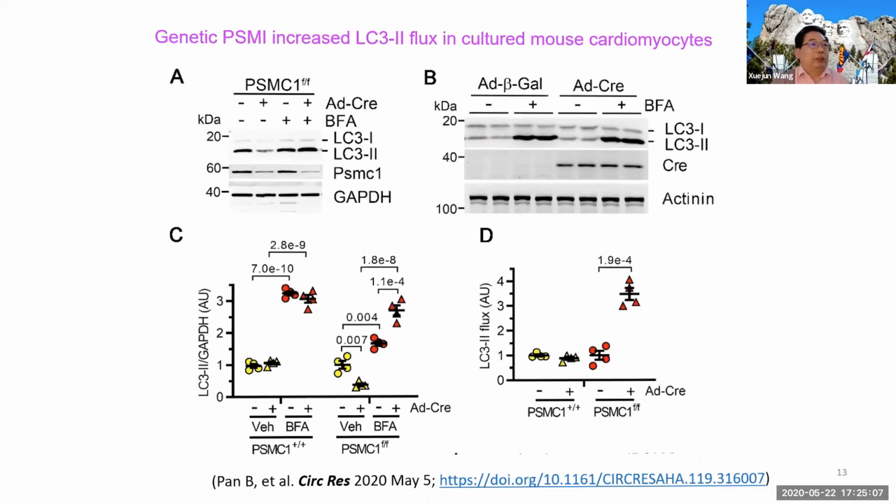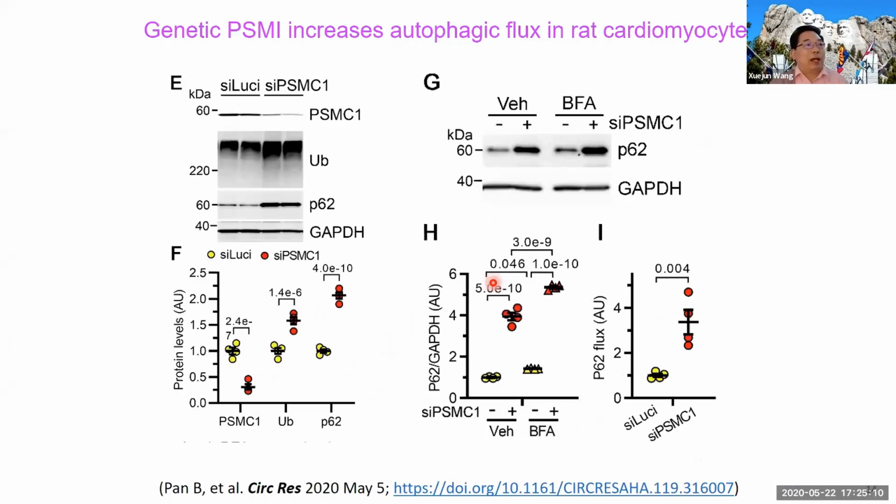We also used neonatal rat cardiomyocytes in a slightly different way. Here we use siRNA to specifically knock down PSMC1, or control siRNA against luciferase.